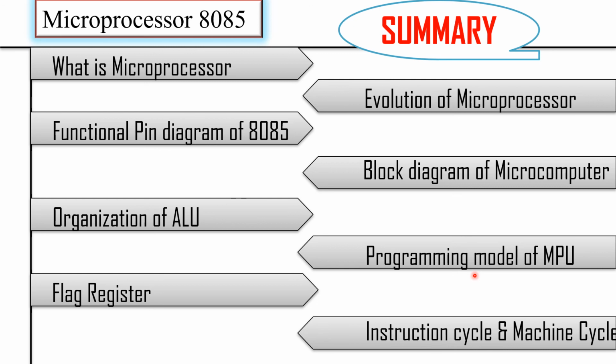Which were the registers? Accumulator, registers B, C, D, E, H, L. Then we have seen the stack pointer and program counter, right? And the program status word, that is the flag register, in detail.